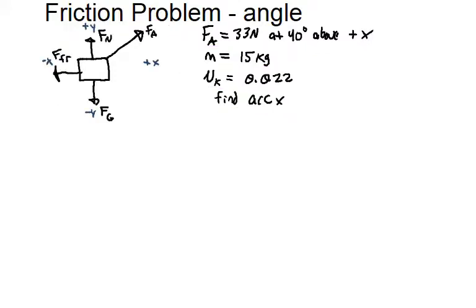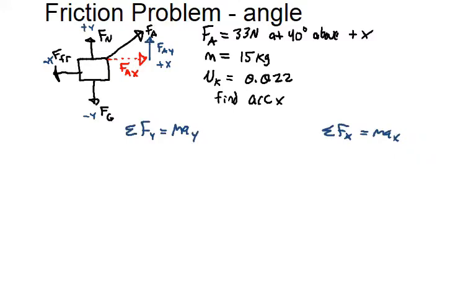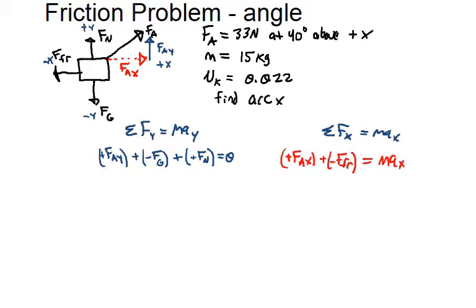Okay, so we've got the positive y, positive x, negative x. We can break down our force applied on the x, force applied on the y. Set up our sum of the forces. We should get positive force applied on the y plus the negative force of gravity plus the positive normal force. For the x, we have the force applied on the x plus the force of friction.